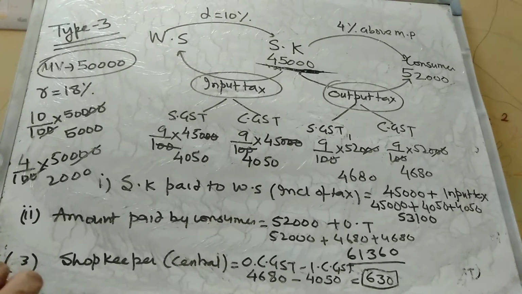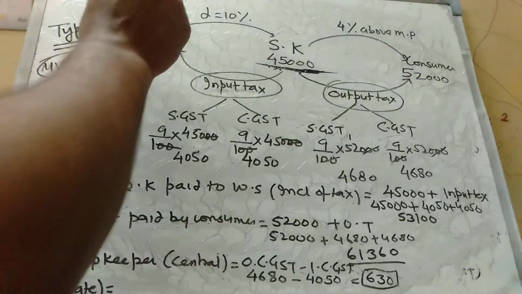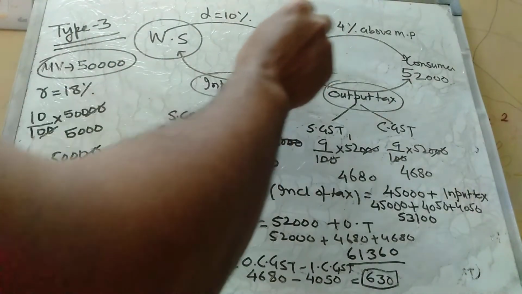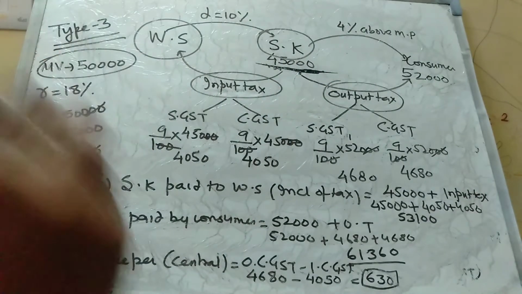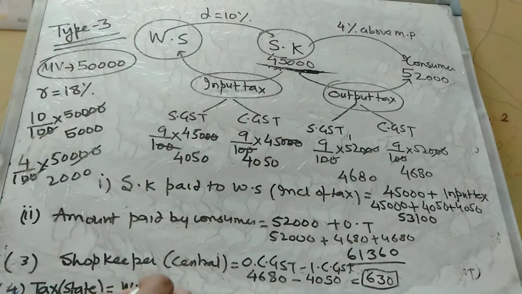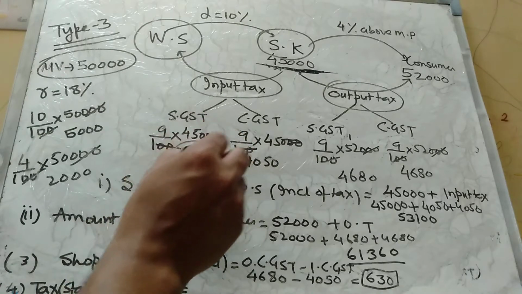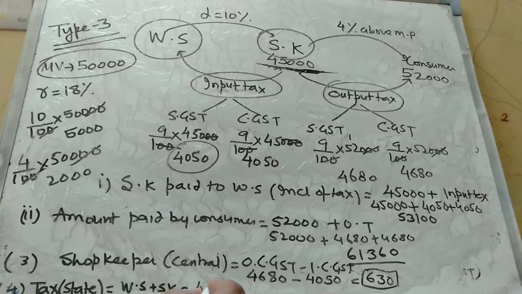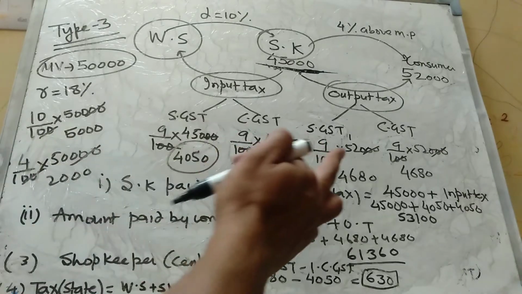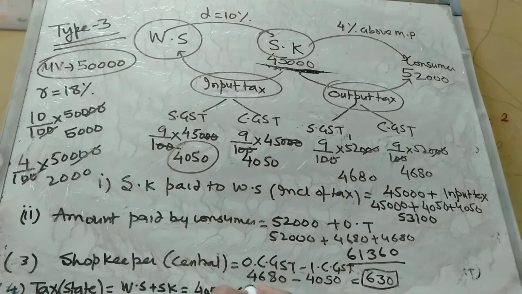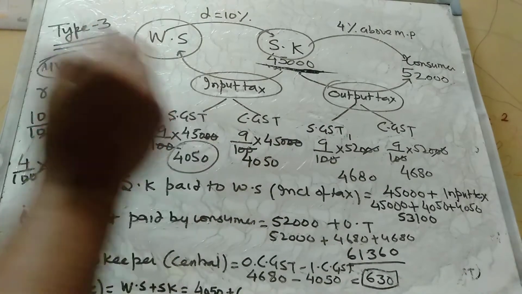In the fourth part, the total tax received by the state government. The wholesaler and shopkeeper will pay tax only. The wholesaler will pay 4050 to the state government, and the shopkeeper will pay the difference, output SGST minus input SGST.